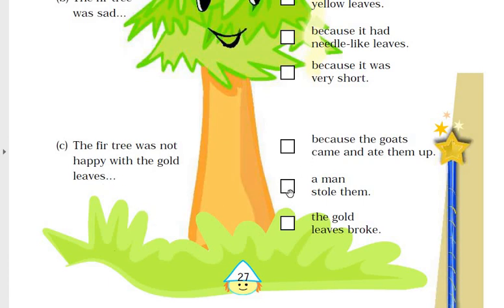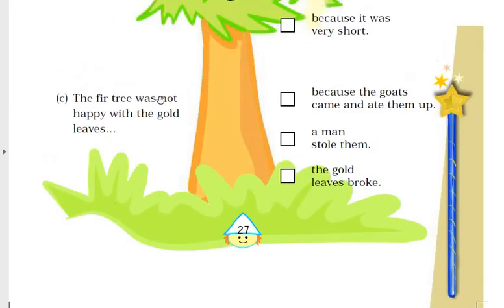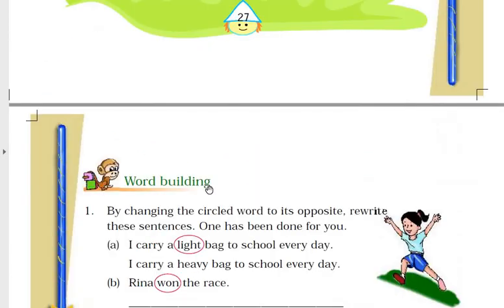Because a man stole them. Okay, let me change this particular question. If I ask the fir tree was not happy with the green leaves, then the answer would be because the goats came and ate them up, right?